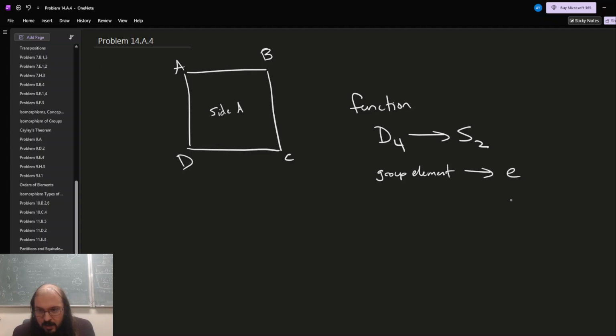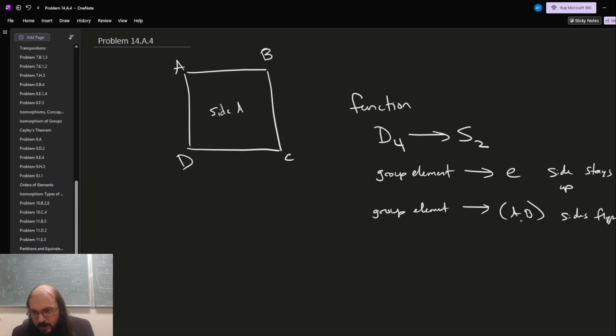to the identity of S2 if side A stays up. Doesn't have to be side A, the current side stays up. And we send a group element to the non-trivial transposition. Maybe in cycle notation, we'll just write AB if the sides are flipped. Right?